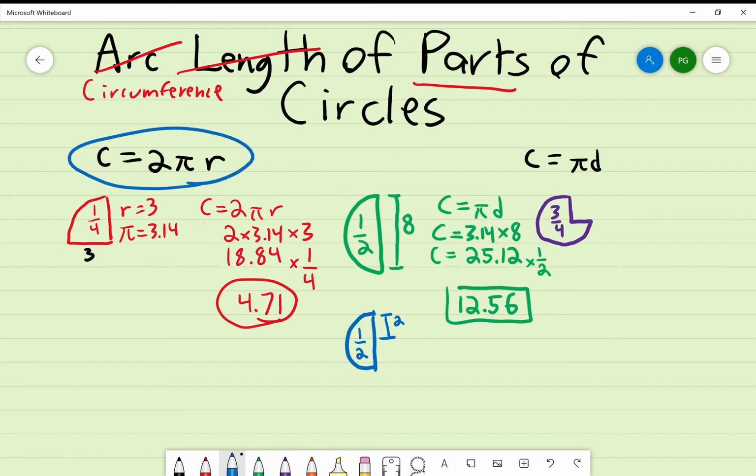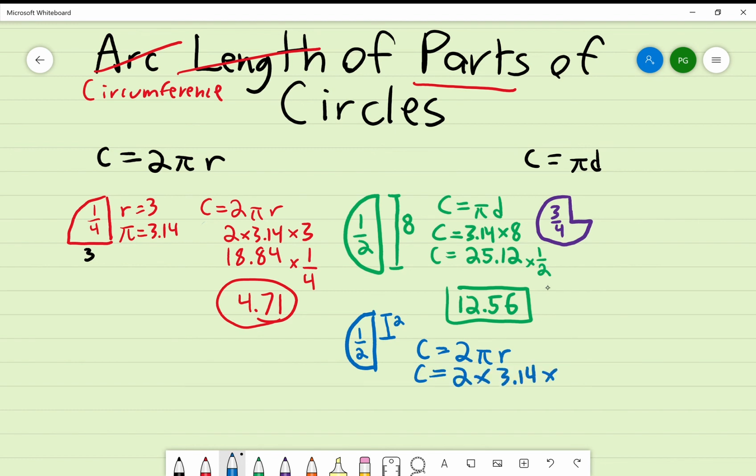Circumference equals 2 times pi times r. Circumference equals 2 times 3.14 times my radius, which is 2 in this case. And that will give me 12.56. And remember, you're not done yet. You are finding the circumference of half the circle. So you take your 12.56, multiply it times 1/2, and you get your final answer, which is going to be 6.28.